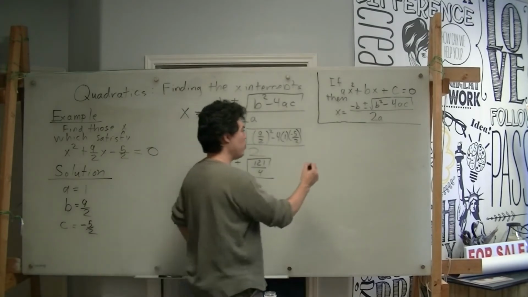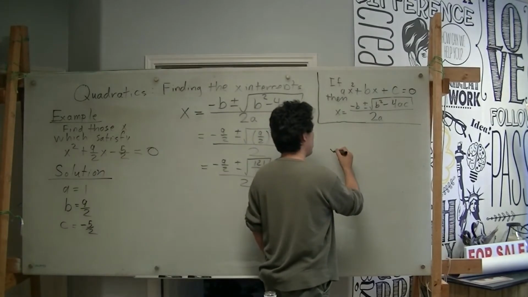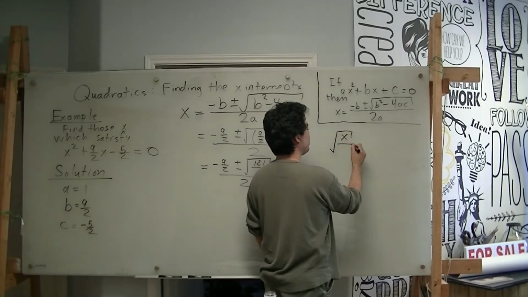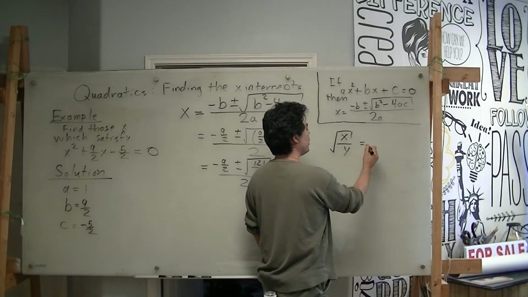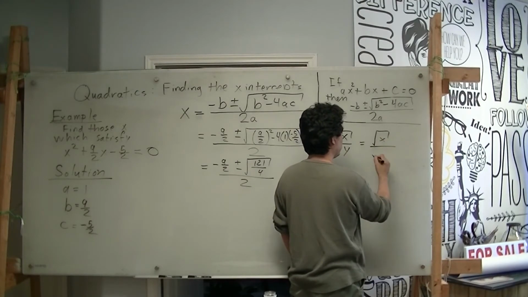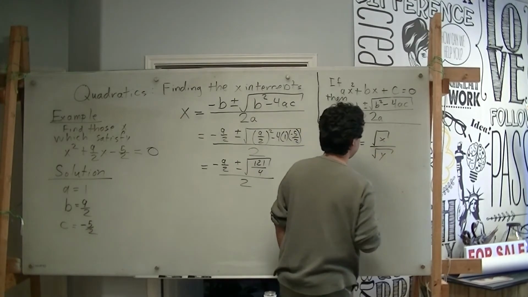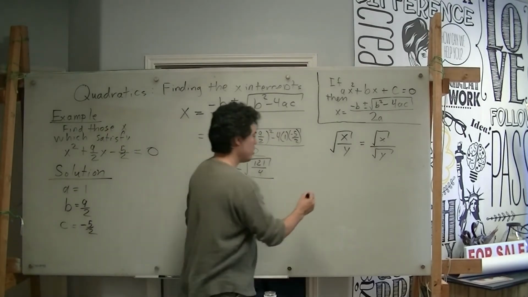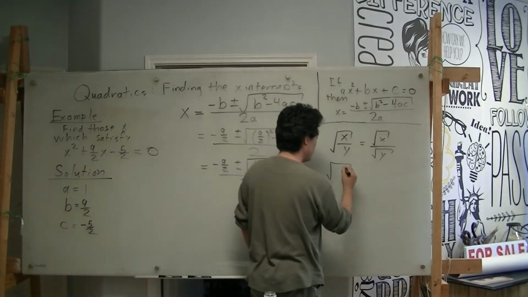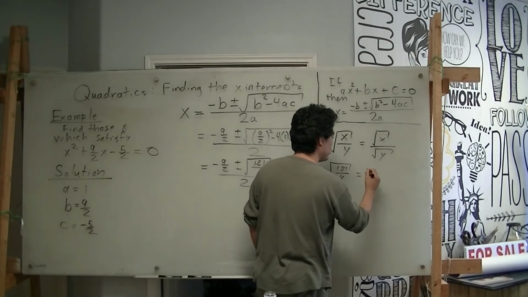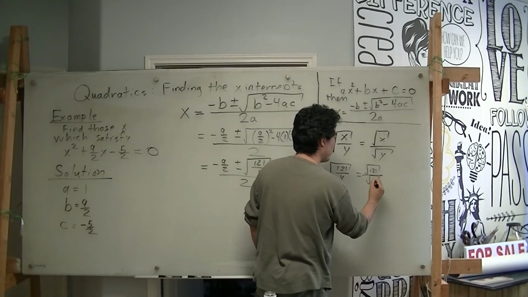So we need to know that whenever you take the square root of a fraction, let's say the square root of x divided by y, this will give us the square root of x divided by the square root of y. In this case, the square root of 121 over 4 is going to give us the square root of 121 divided by the square root of 4.